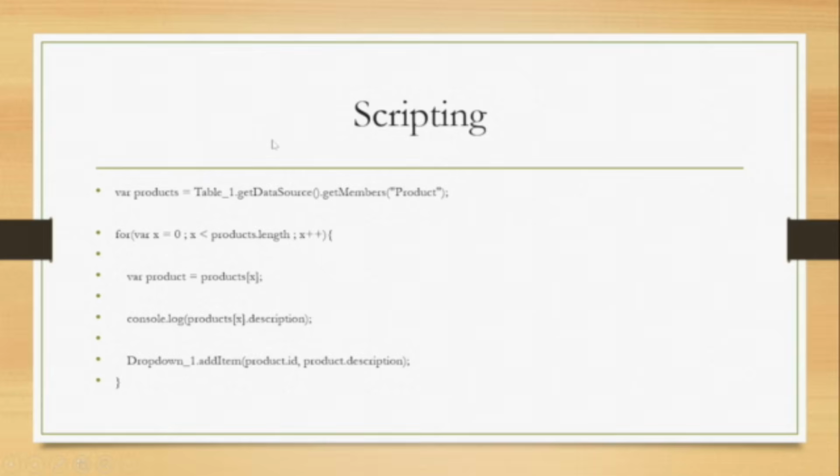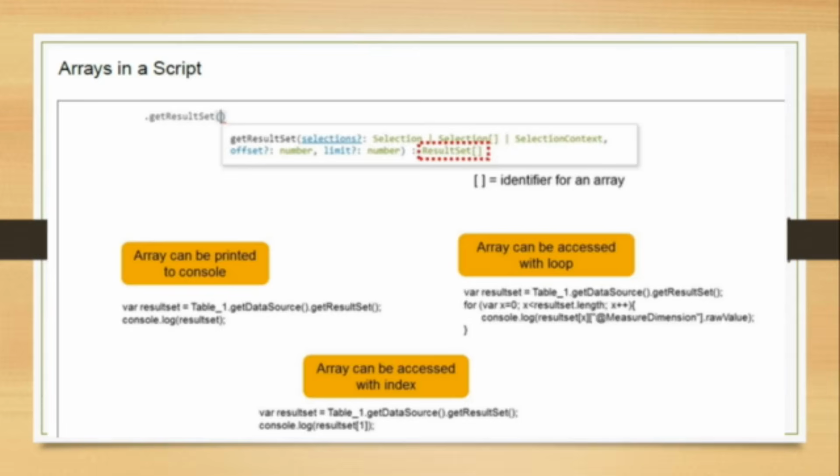As you can see, we have declared a variable in our slide: resultSet is equal to table1, which is our table element, dot getDataSource, dot getResultSet. This will return all the members of the table to our array, that is resultSet. In the second line we are printing the members of the array to the console.